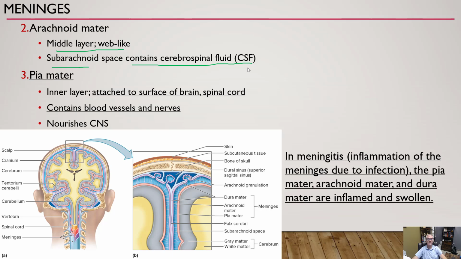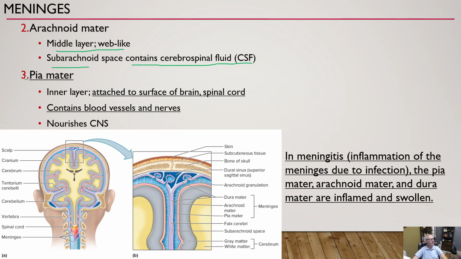If you've ever had a lumbar puncture, where you have to have some cerebrospinal fluid removed for testing, the physician or nurse anesthetist would remove the cerebrospinal fluid from the subarachnoid space underneath the arachnoid mater.